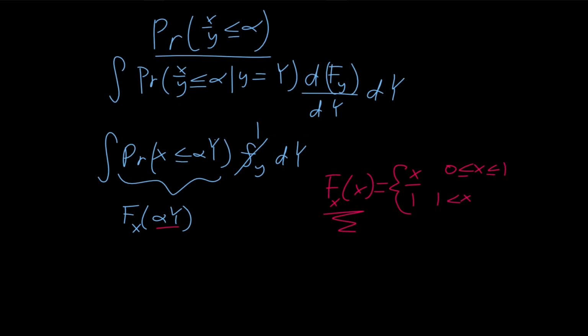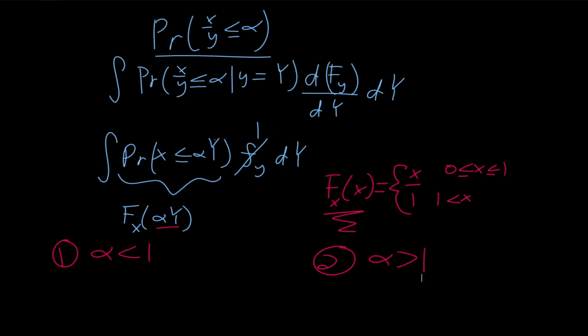But I could very well choose the inverse of that. I just swap x and y in that case, and you're going to get something that approximates 1 over 0.25, which is just 4. So really, x on y can be any number between 0 and infinity, meaning that we're going to have two cases. One in which alpha is going to be less than 1, and the second case in which alpha is going to be greater than 1.